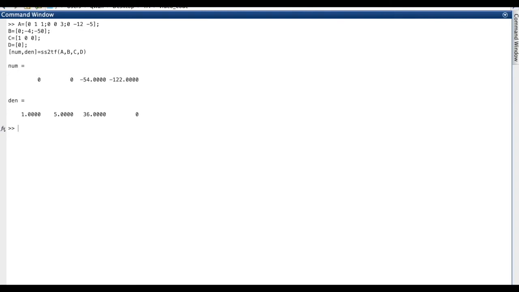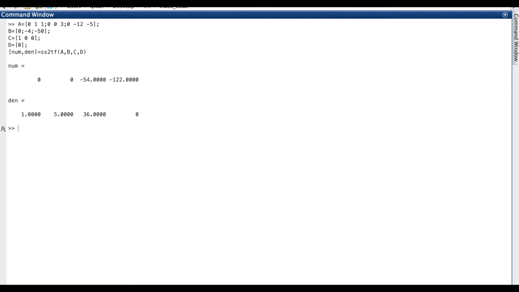The coefficients for the numerator and denominator give almost minus 54 s minus 122 over s cubed plus 5 s squared plus 36 s.